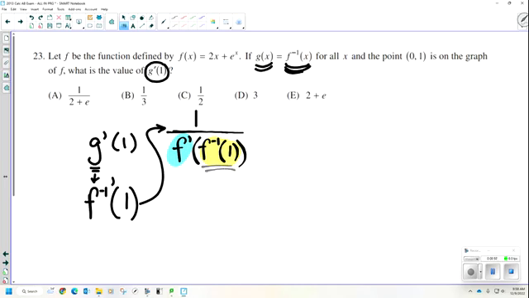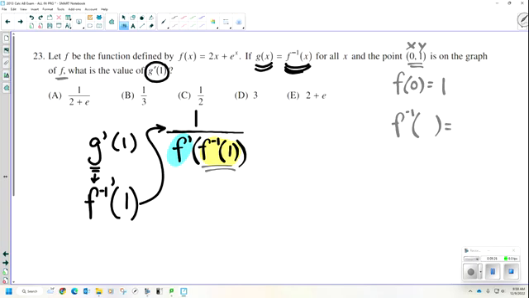So let's go to our problem and see, this coordinate is on the graph of f, not the inverse of f, but f. That means f of 0 is 1. Okay, that's on the graph of f. Let's keep in mind that when we deal with inverses, don't we just switch x's and y's?